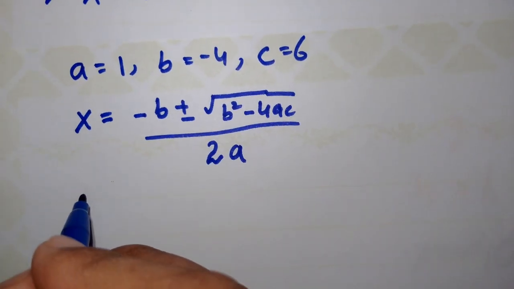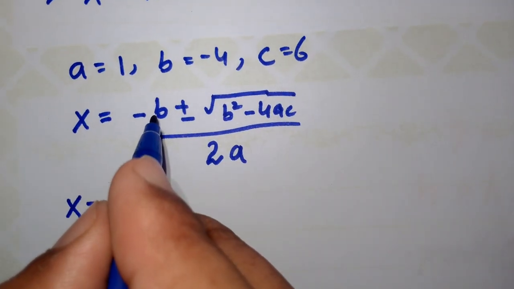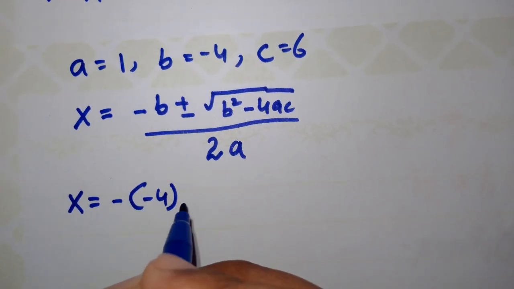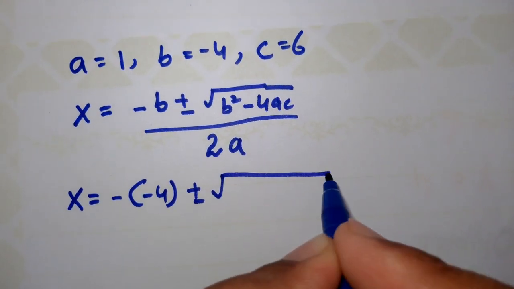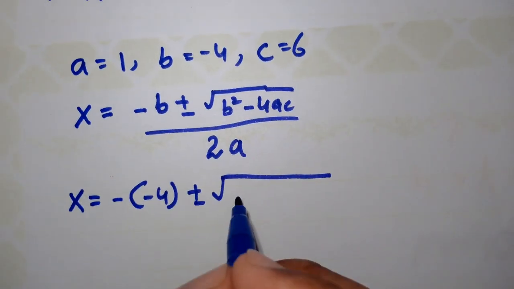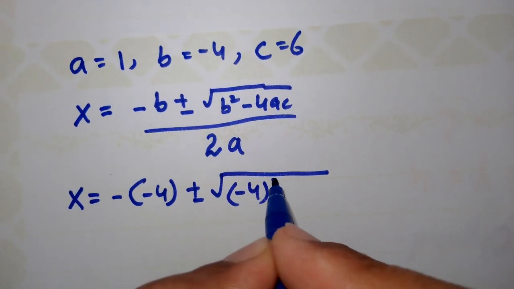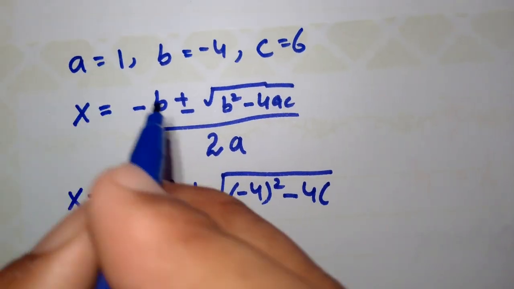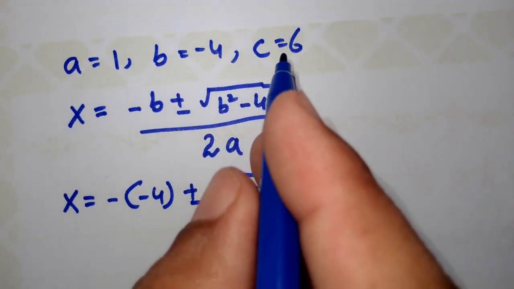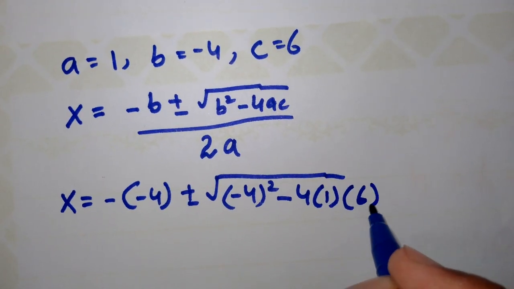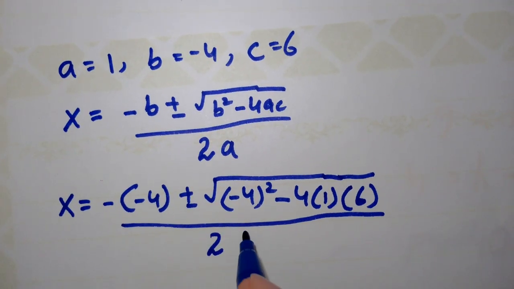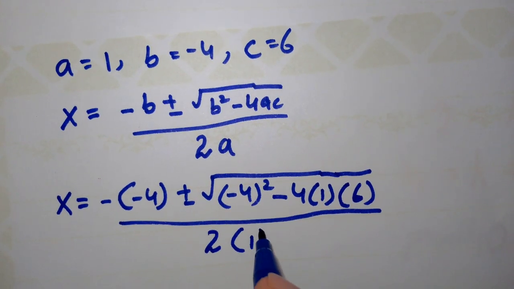Now we have to put the values: minus b is equal to minus of minus 4, plus minus square root of minus 4 square minus 4 into a is 1 and c is equal to 6, over 2 into multiply 1.